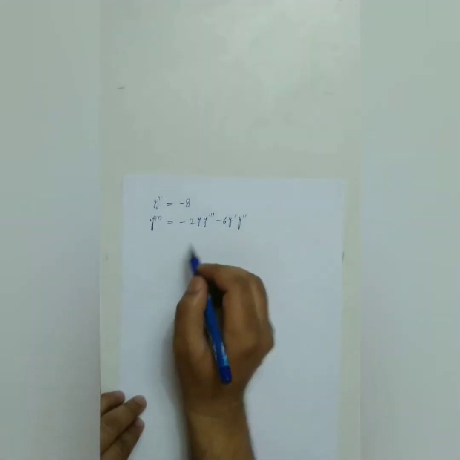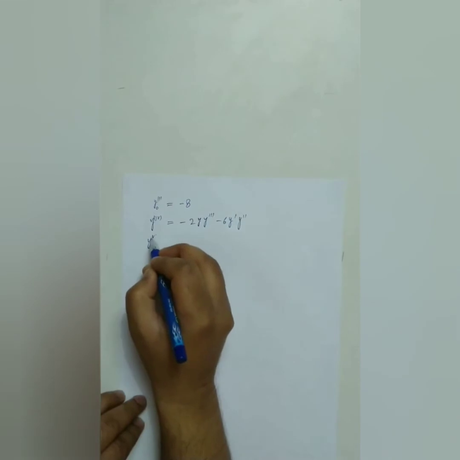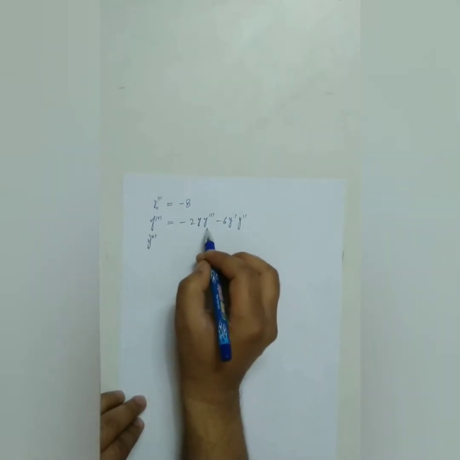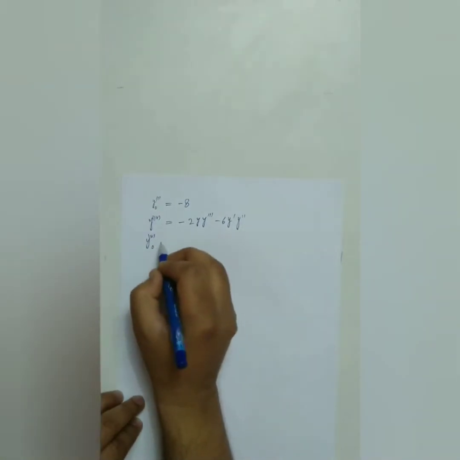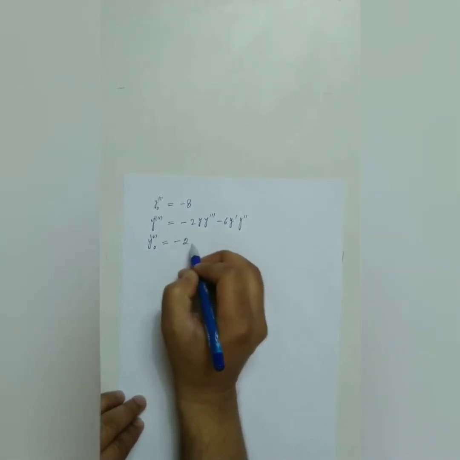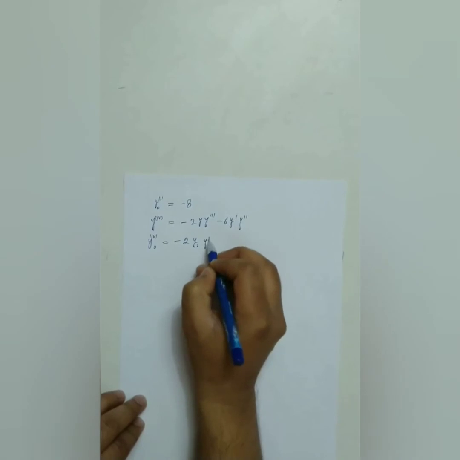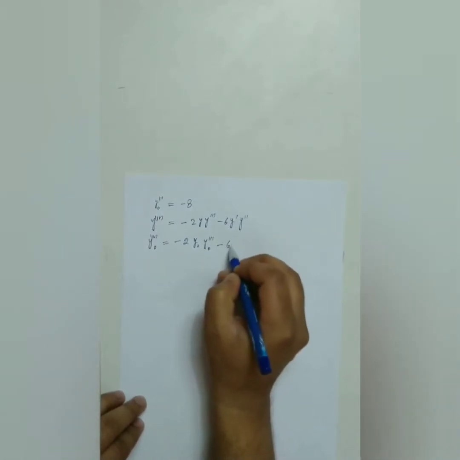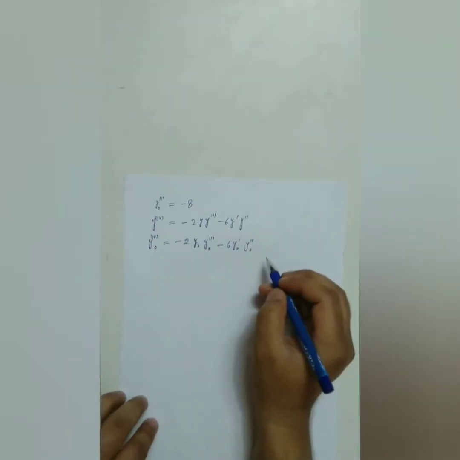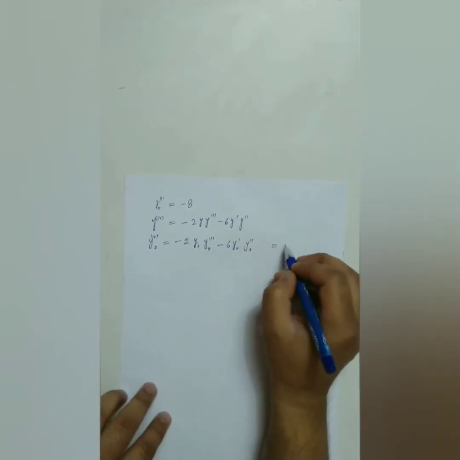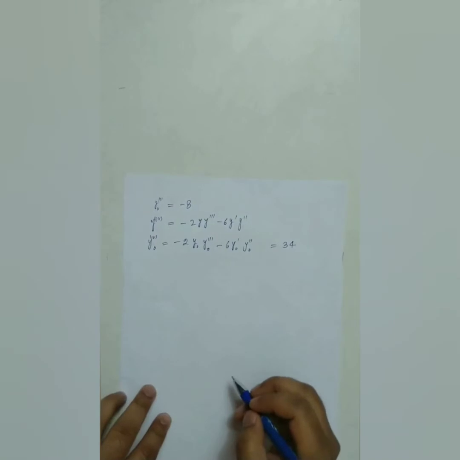So now we put the values of all y0, y0 triple dash, y0 dash and y0 double dash to find y4 0. This will be equal to minus 2 y0 y triple dash 0 minus 6 y dash 0 y double dash 0. We put all these values and we will get 34.